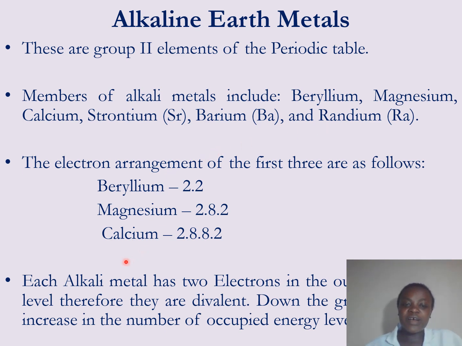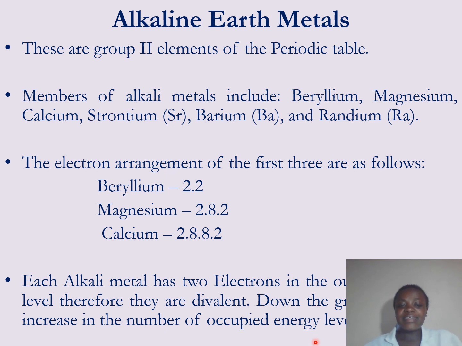So we focus on the 3 elements, and the electronic arrangement of the first 3 is as follows. That of beryllium is 2:2, that of magnesium 2:8:2, and that of calcium is 2:8:8:2, making it atomic number 20. Magnesium is atomic number 12, and beryllium is atomic number 4.